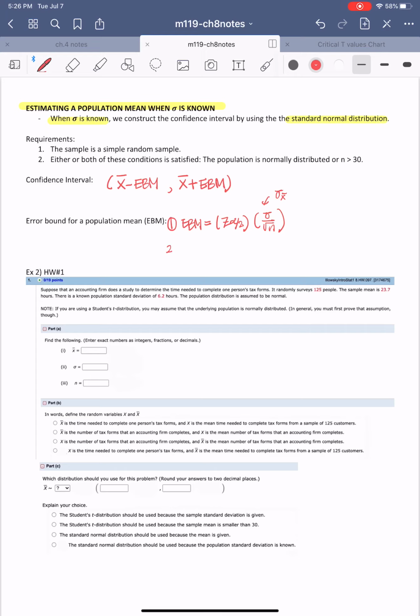The second way is you can also find the error bound using a calculator. On the calculator, let me write it over here, you can actually use both of them. It will give you both.